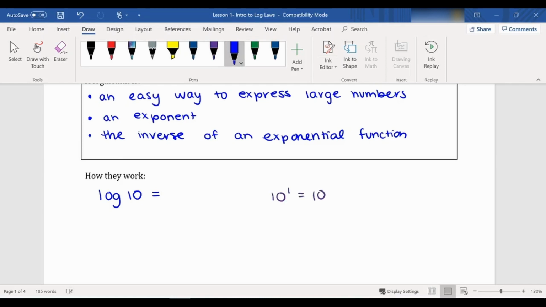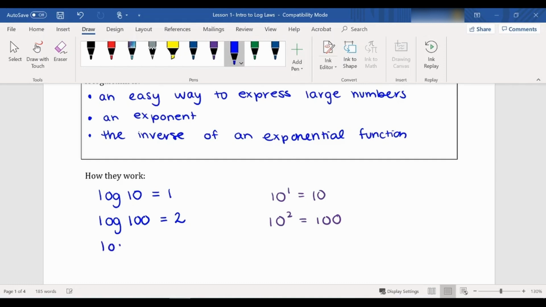So my answer here would be 1. If I asked log 100, what does that equal? 10 to what power gives me 100? Well, 10 to the power of 2 gives me 100. So log 100 is equal to 2.